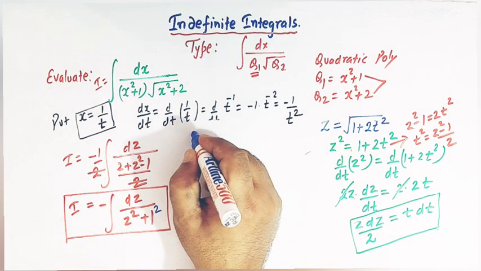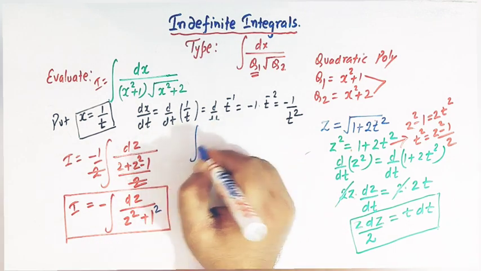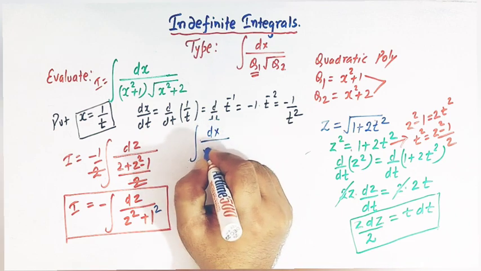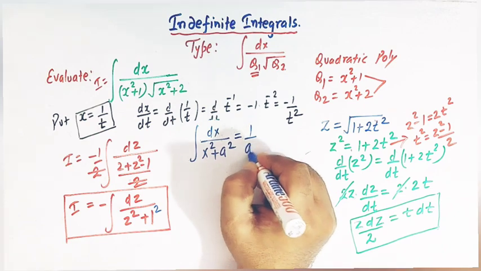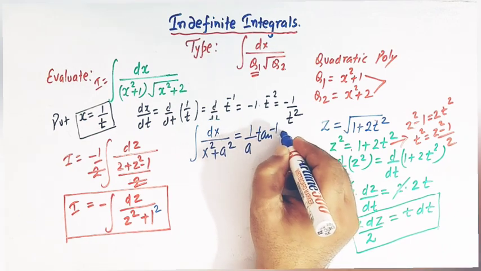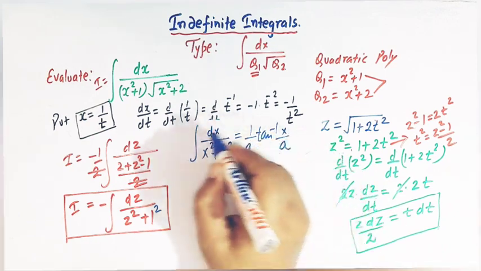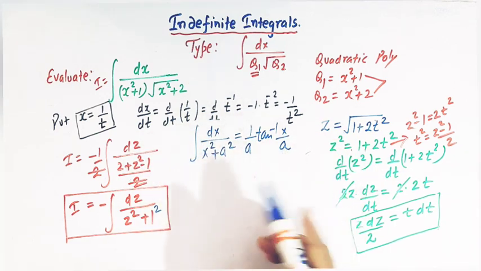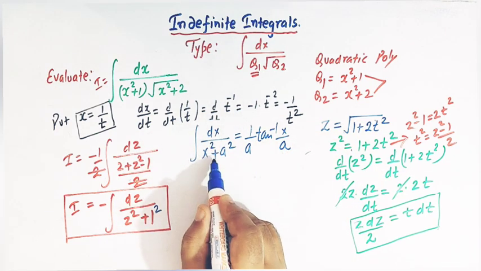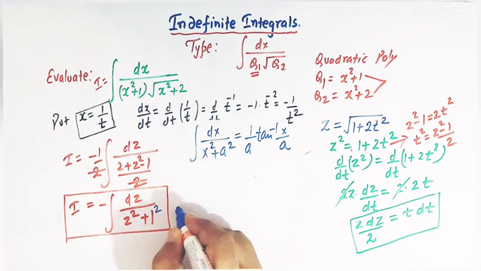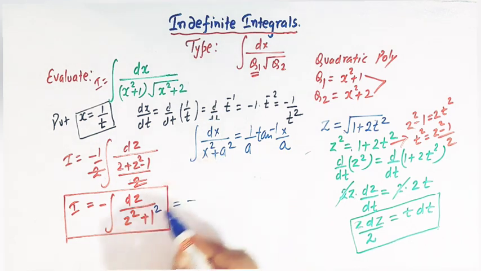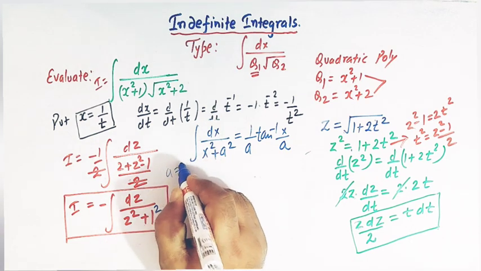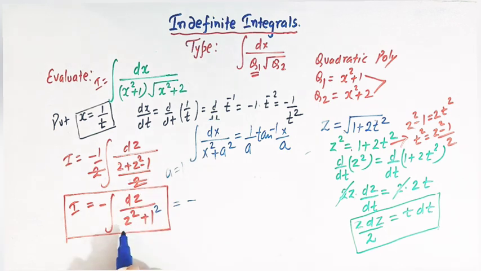So now we have a simple integral, that is the integral of dx over x square plus a square is equal to 1 over a tan inverse x over a, right? So we know this standard integral, and if we compare this integral with this one, then see here we have minus, and the value of a is 1, and for x we have the variable z.